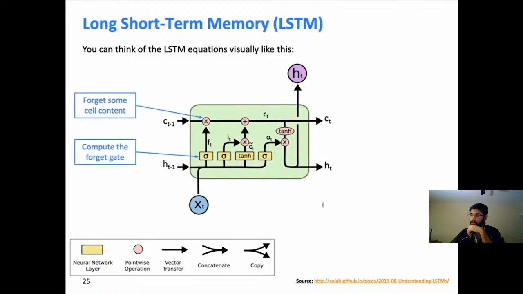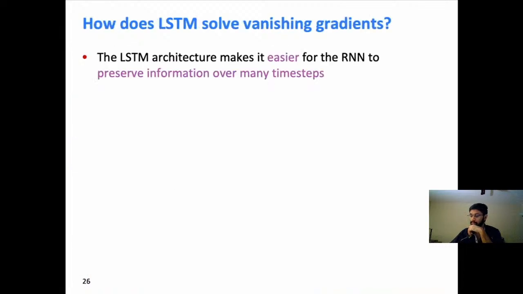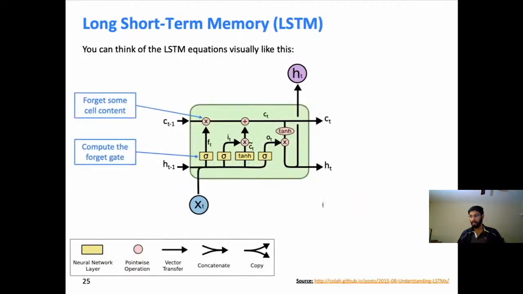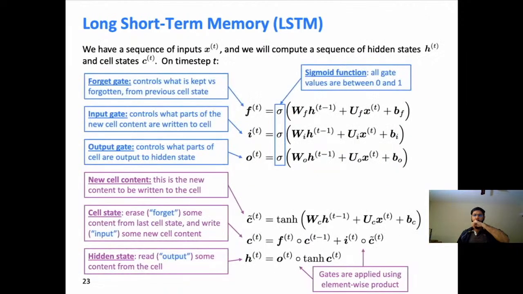Okay, so that's LSTMs. And if you recall, we were, question? Why is it that in the forget gate, you don't look at the previous cell's state, but you just look at the new hidden state? Like, it seems like if you're just deciding what to forget from the cell state, you should look at it. So the question is, why is the forget gate computed only from the previous hidden state and the current input?